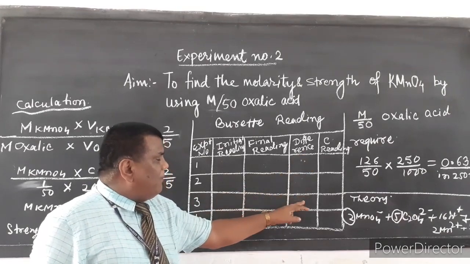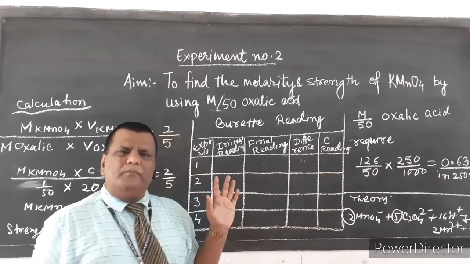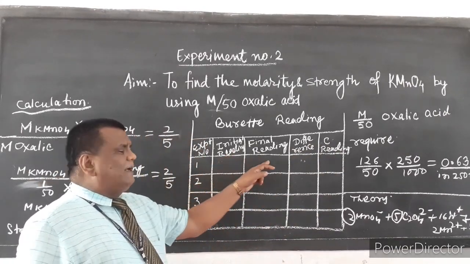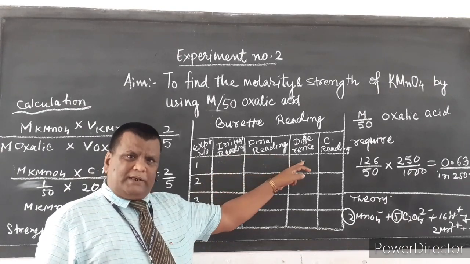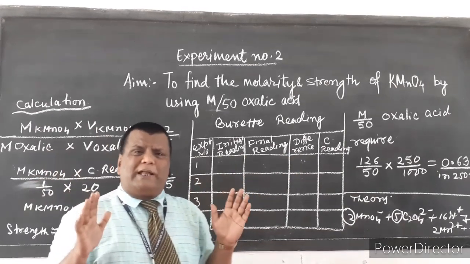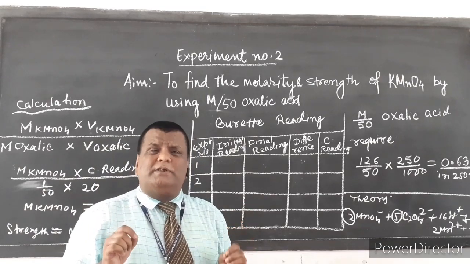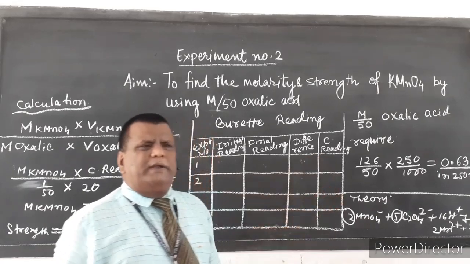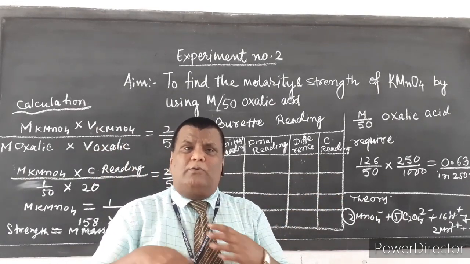You do the experiment at least 4 or 5 times, and the difference which comes at least 3 times is called the concordant reading. After knowing the concordant reading, we find the molarity by using calculation.